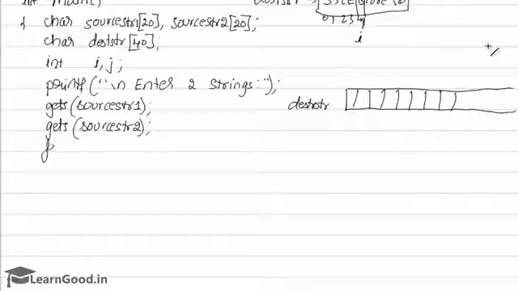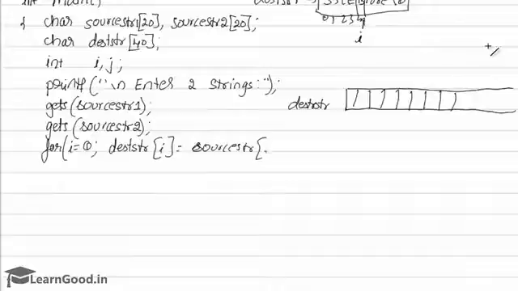Take a loop for that. For i equals 0, dest str of i is equal to source str1 of i. So the i value is 0, and source str1 of 0th value is nothing but S. This S value is copied to dest str, and S is not equal to \0.